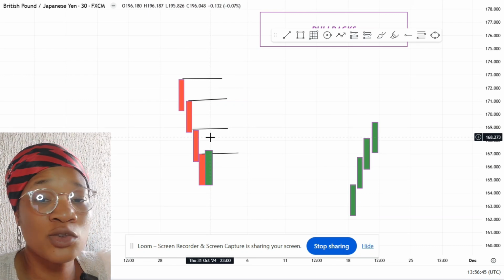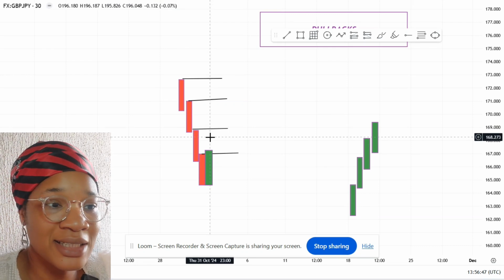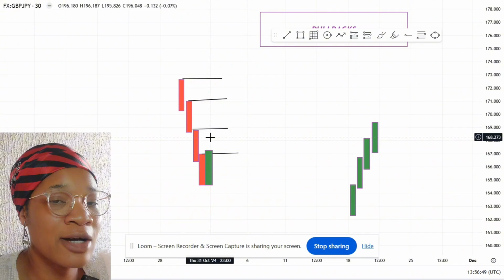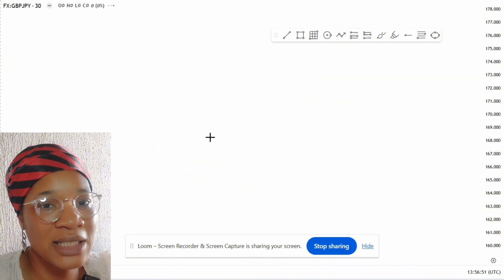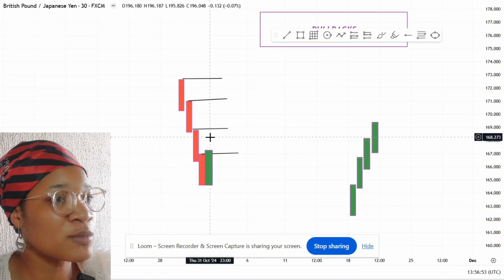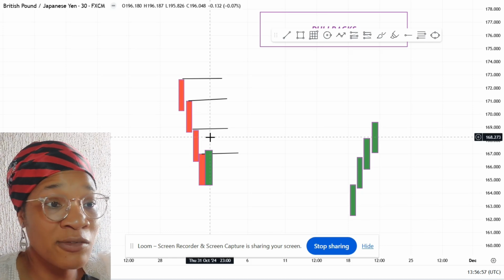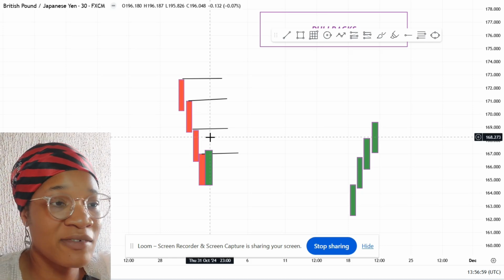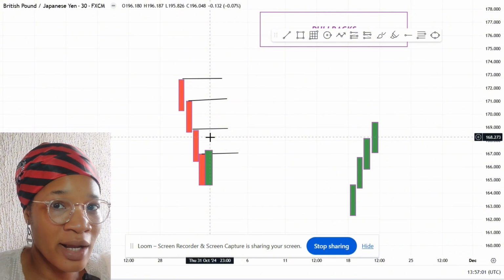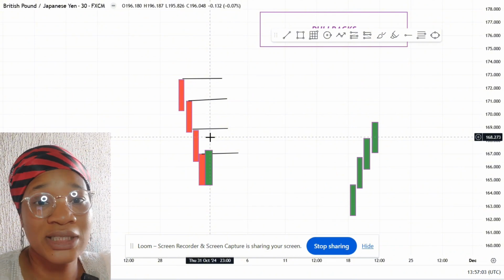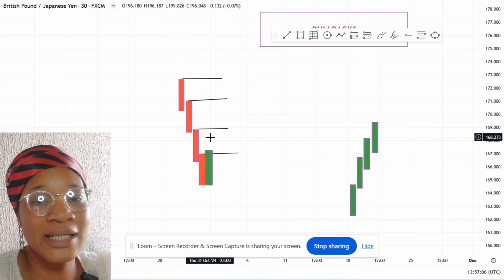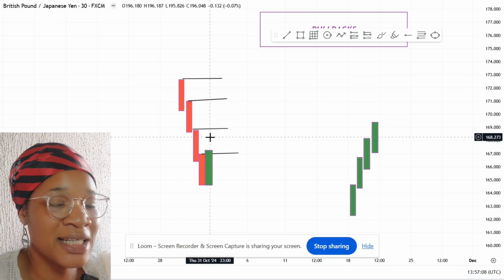Of course, we don't want to sell from a discount zone. We want to sell from a premium zone to get the best out of this trade. If you have not watched my video on premium and discount and how to use the Fibonacci retracement tool to identify it, I'll link that somewhere above or in the description. Just check that out. It will help you better understand what I'm going to be saying in this video.